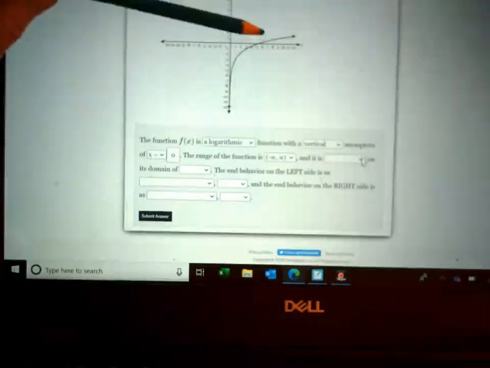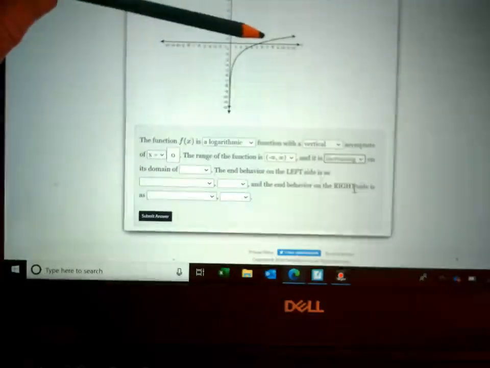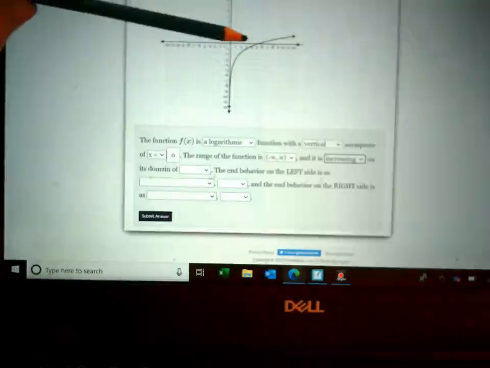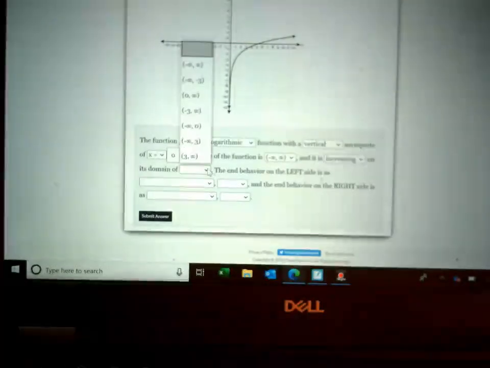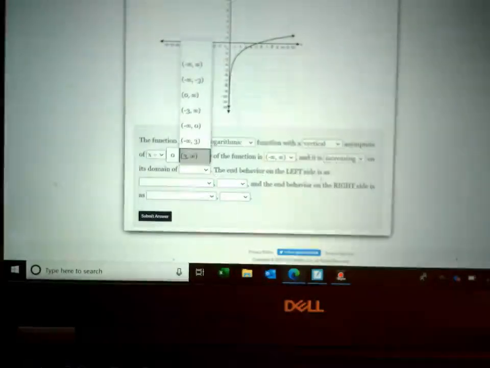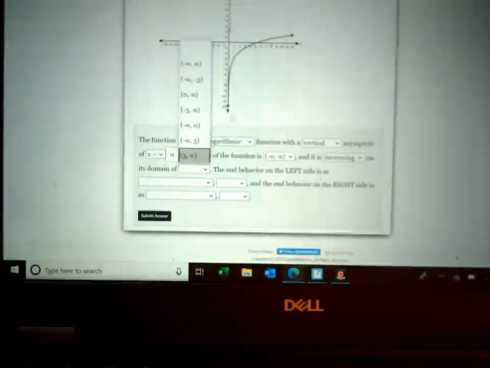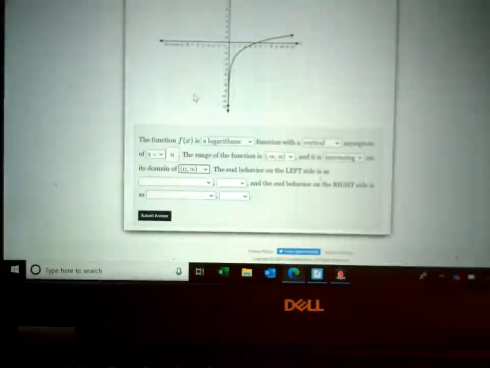So it is going up, therefore it is increasing. In its domain of, okay, so now we get to state the domain. So we said that we will use the vertical asymptote. The vertical asymptote was 0. So you'll see right here we have a 0 to infinity as an option.